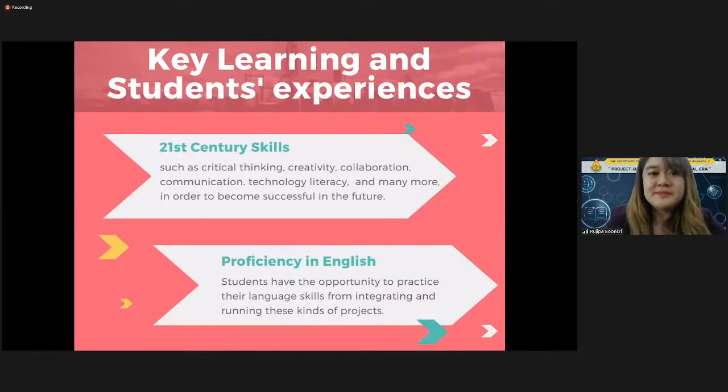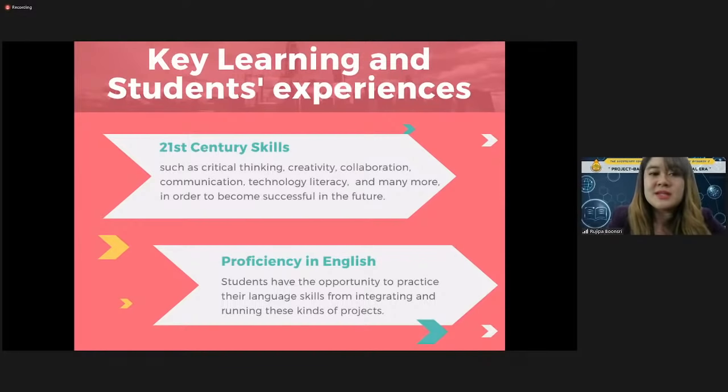To sum up, from the project-based learning, students were able to gain hands-on experience on two key topics. The first one is 21st century skill sets. Right now, in this era, the young generation must be able to learn and start adopting new skill sets such as critical thinking, creativity, collaboration, communication, technology literacy, initiative, entrepreneurship, and many more, in order to become successful in the future.